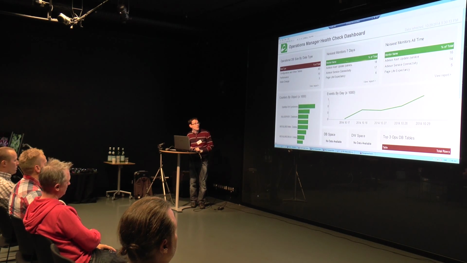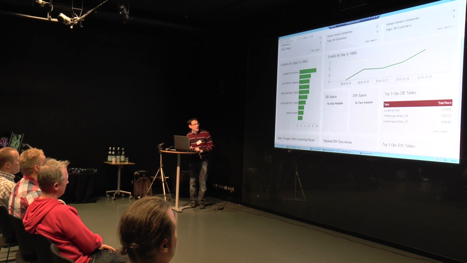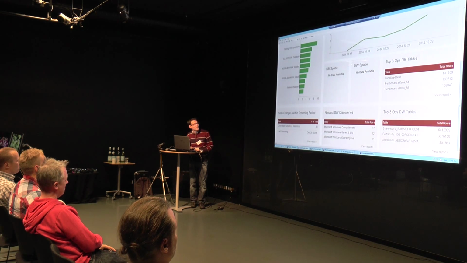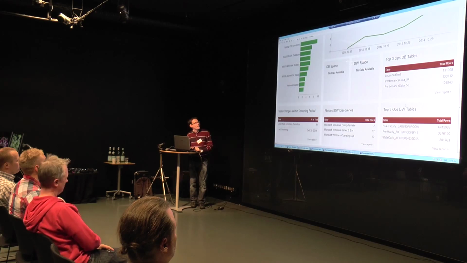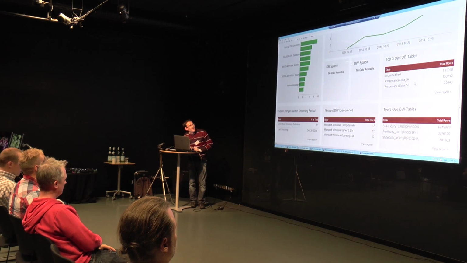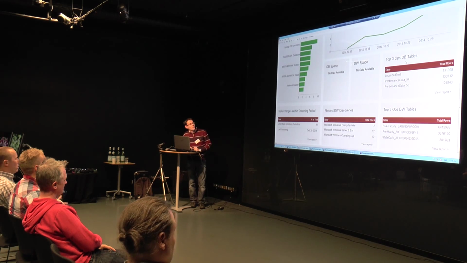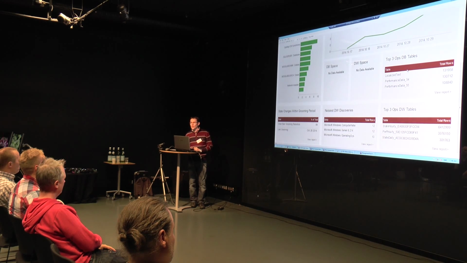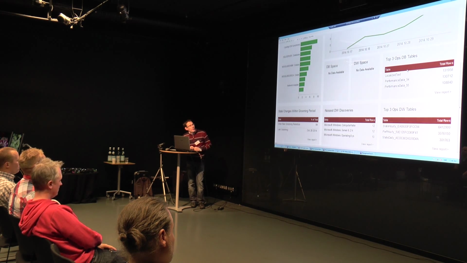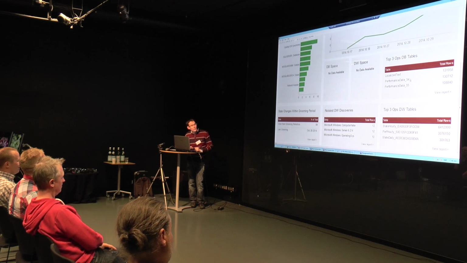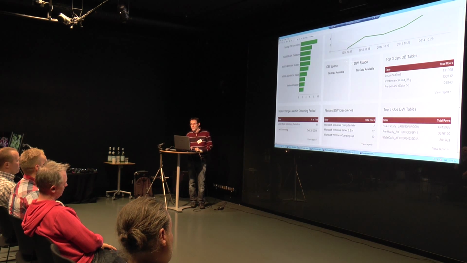So that's not good. The top 3 tables, number 1, localized text, shouldn't be there, but I do have imported some really bad management packs just to have this one at the top. The rest is performance data, and that is to be expected.